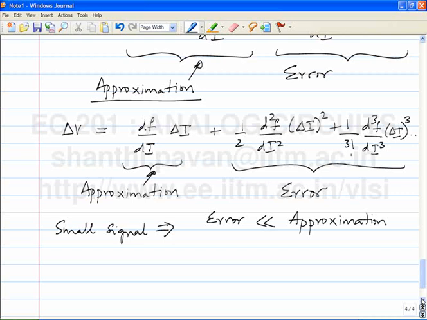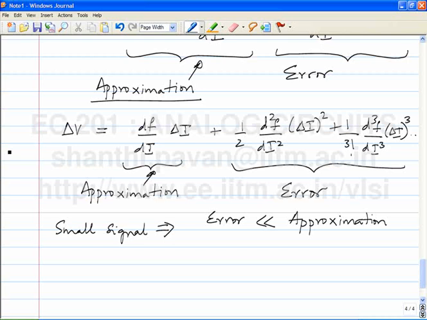In some applications you can tolerate some error, in some you cannot. So for uniformity, let's just say 1% is sufficiently small. In other words, the error you made when you approximate this curve with a straight line having the same slope at that point, as long as that error is less than 1%, we say it is a small signal. Does it make sense?